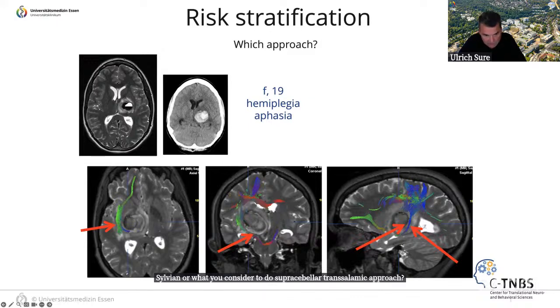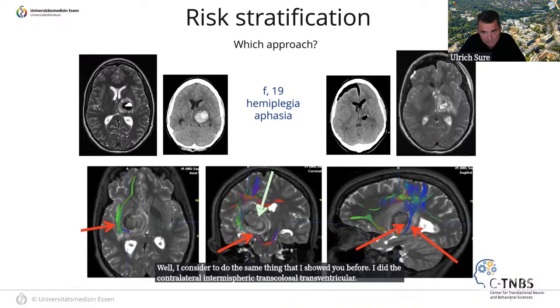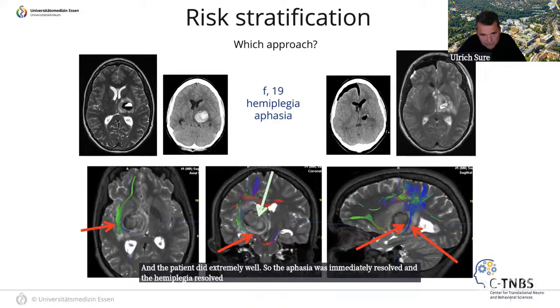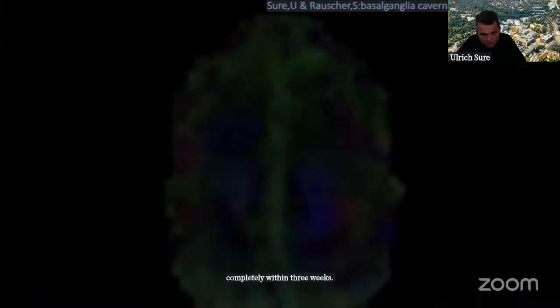Well, I consider to do the same thing that I showed you before. I did the contralateral interhemispheric transcallosal transventricular transthalamic approach, and this is immediate post-op, and the patient did extremely well. So the aphasia was immediately resolved, and the hemiplegia resolved completely within 3 weeks after the surgery.